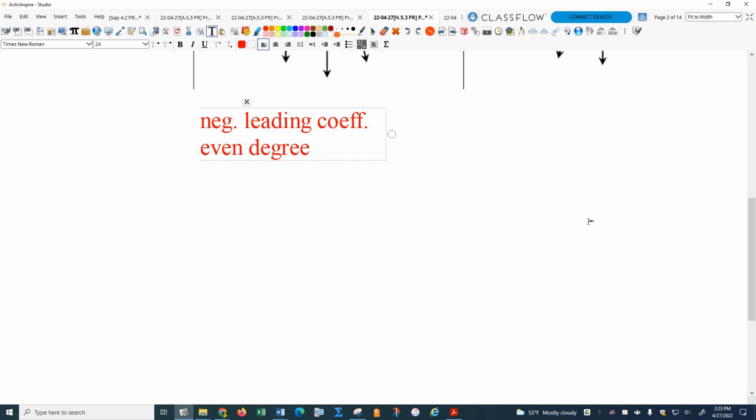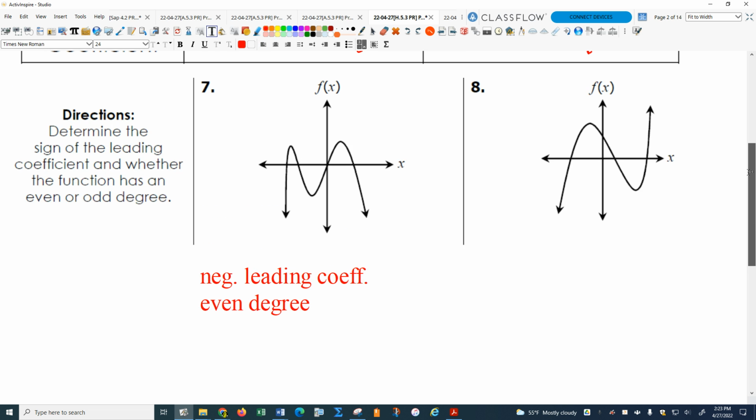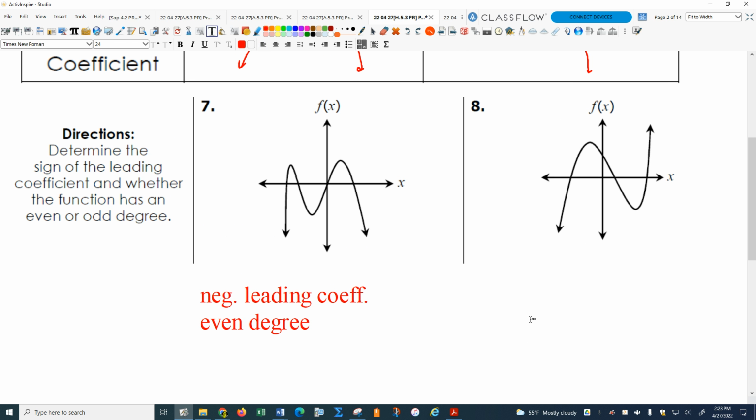Okay? How about number 8? Positive leading coefficient and odd. There you go. Okay.